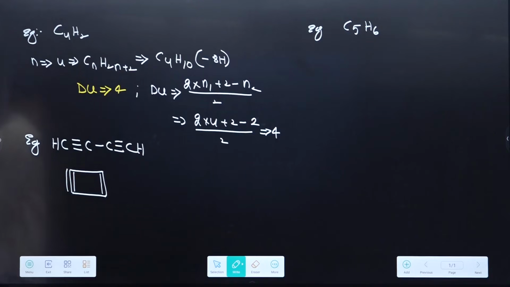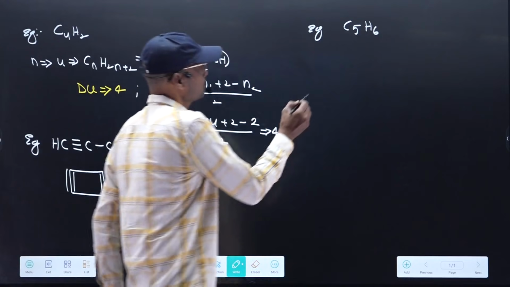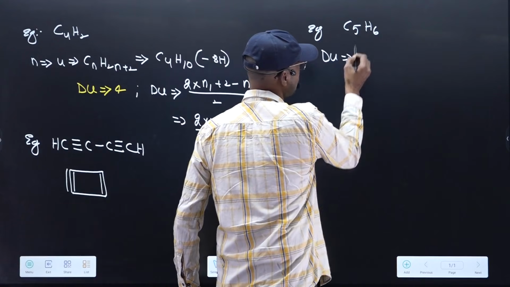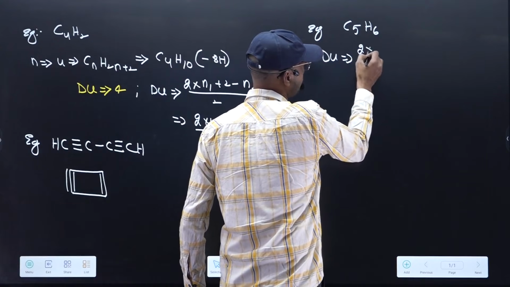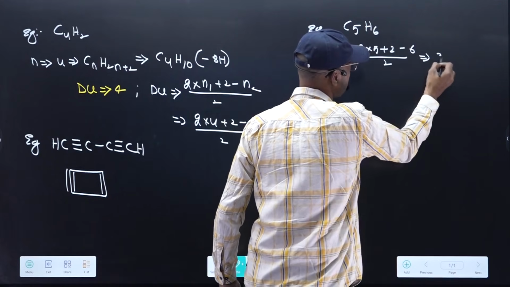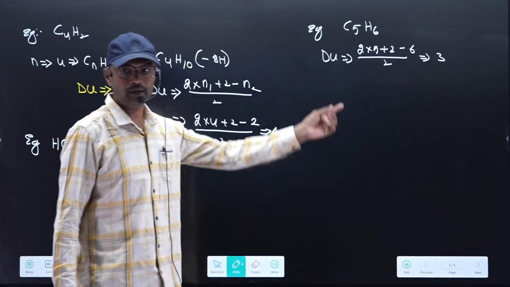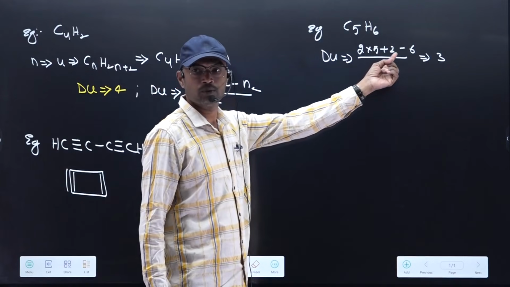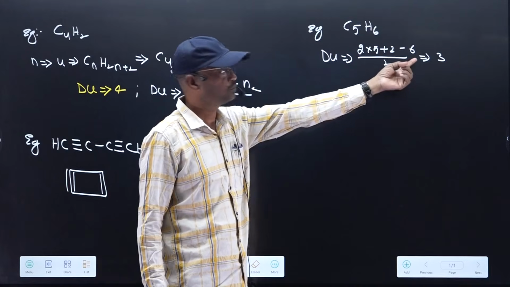How much? Degree of unsaturation 3. Degree of unsaturation: 2 into 5 plus 2 minus 6, by 2. So what will you get? You will get 3. Right? 10 plus 2, 12 minus 6, 6 by 2, 3.